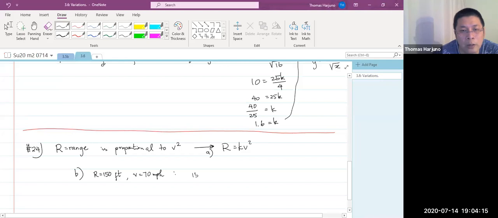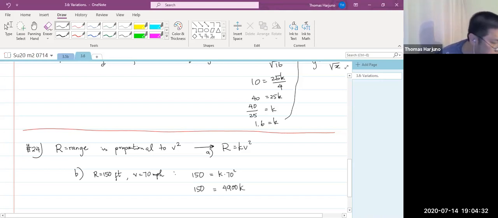So 150 feet equals the constant of proportionality times 70 squared. So 150 equals 4,900 k. Okay, so k equals 150 over 4,900.